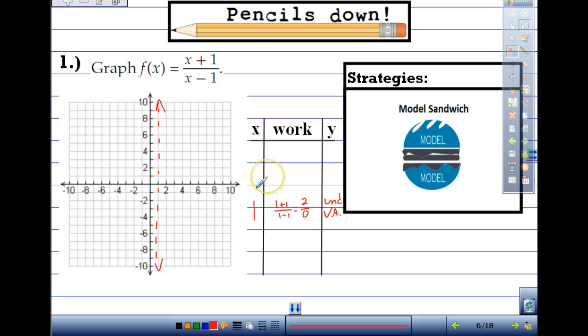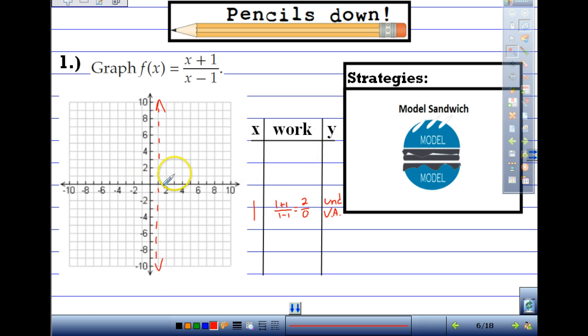And then we're going to pick some numbers to the left and numbers to the right. When you're picking numbers to the left and right, you might remember with the parabola, you wanted to make them mirror images because the graph was a mirror image. There's some of that here, but there's a danger in picking only numbers really close to the asymptote. If you only pick 0 and -1, you'd only see a very small piece of the graph. So try to stretch out your number choices on the left and right.